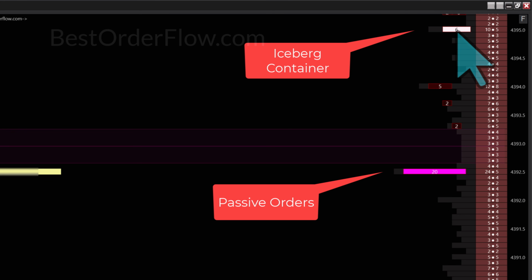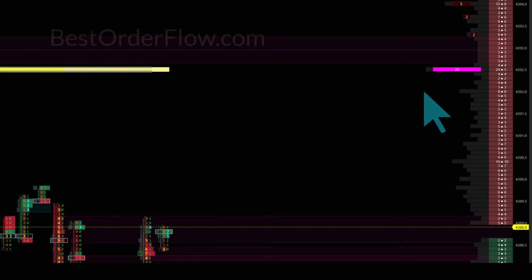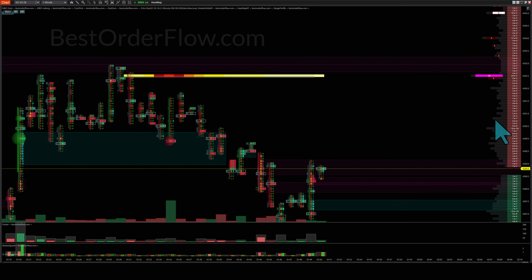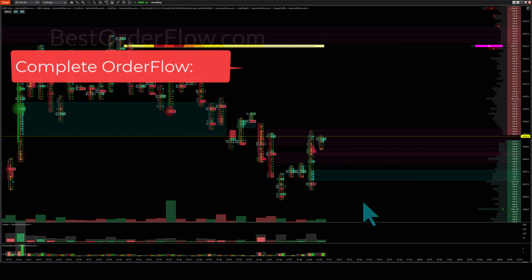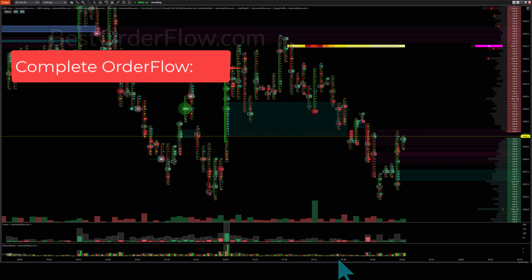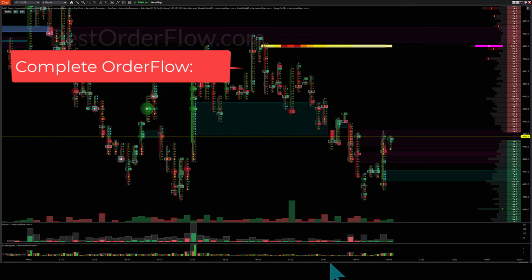There is a container for the iceberg ready to absorb the price from the aggressive side by the passive side of the market. So this indicator is the passive side of the market, and this indicator, like the footprint and the bubbles, is the aggressive side of the market. We need to see the complete order flow interaction between level 1 and level 2 in order to make a conclusion for the entries.